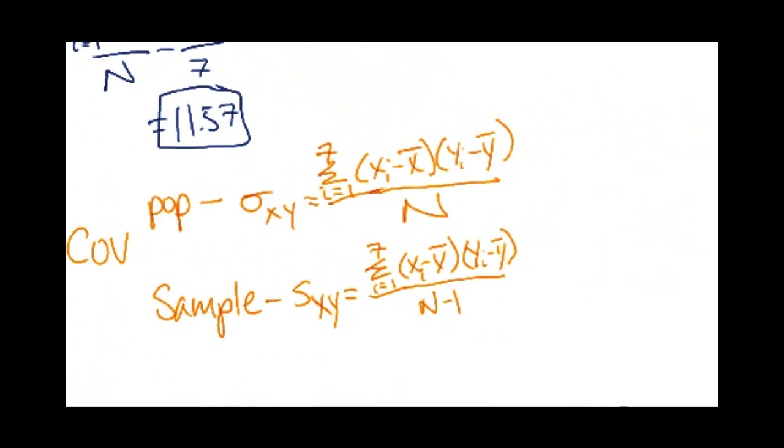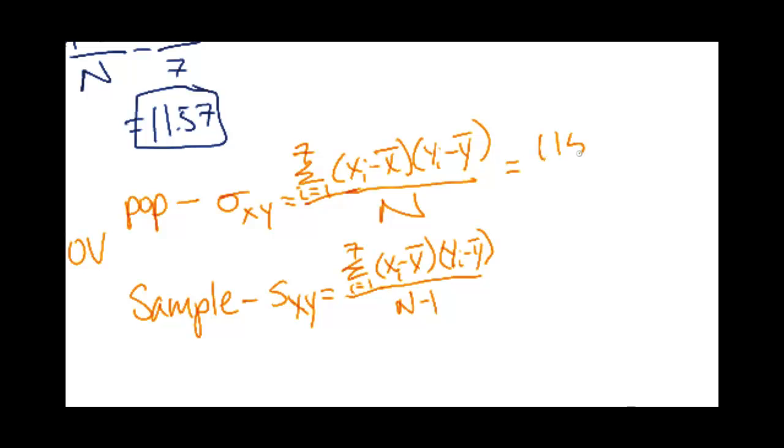So when you plug in, if these 7 data points are all the data points you have, that's your entire population. You get 115.39 over 7, which is 16.48.